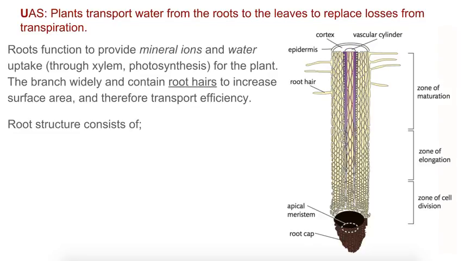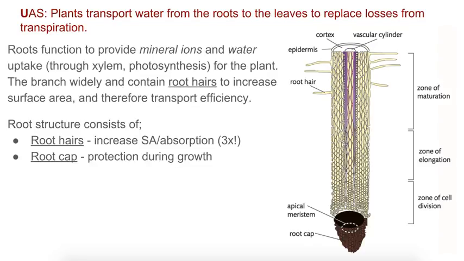Root structure consists of root hairs, which, as we've mentioned, increase surface area and also absorption by up to 3 times. They also consist of a root cap, which protects the growing root and particularly this sensitive apical meristem.